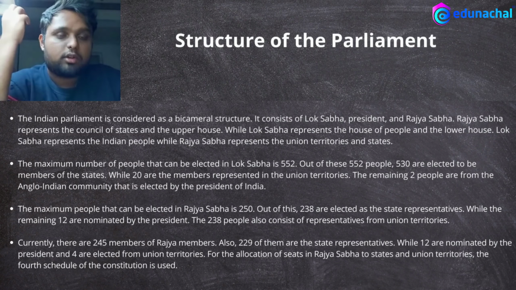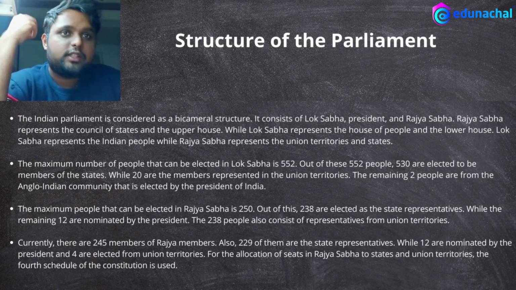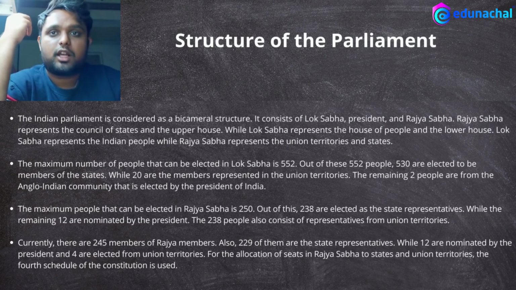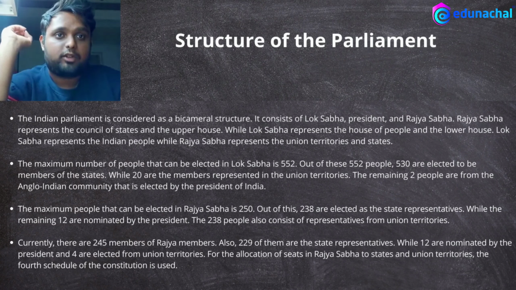This is not a common occurrence actually, with only 3 instances spread over 4 decades when a joint session was called to determine the fate of a bill. So only 3 instances in the last, not 4 decades, the last 7 decades, only 3 times this happened, I guess. So it might not be totally right.